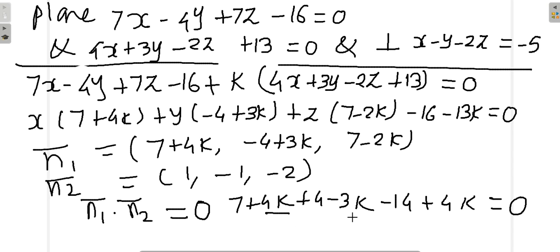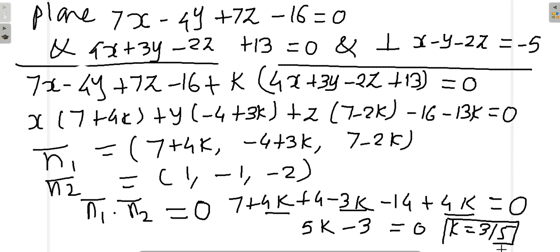That is 4 minus 3 is 1 plus 4, 5. 5k 14 is 0, and that gives me k equal to 3 by 5.